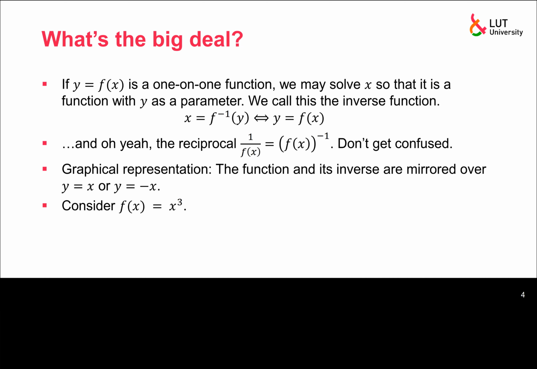In Finnish we would say käänteisfunktio for the inverse of a function, and käänteisluku for the reciprocal. Then we mark it like that. Also -1. That's really easy to get confused if you have both in the same problem.